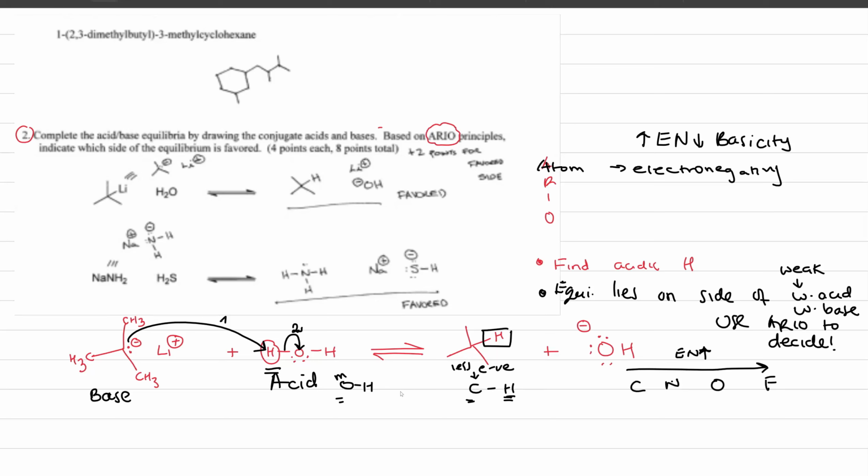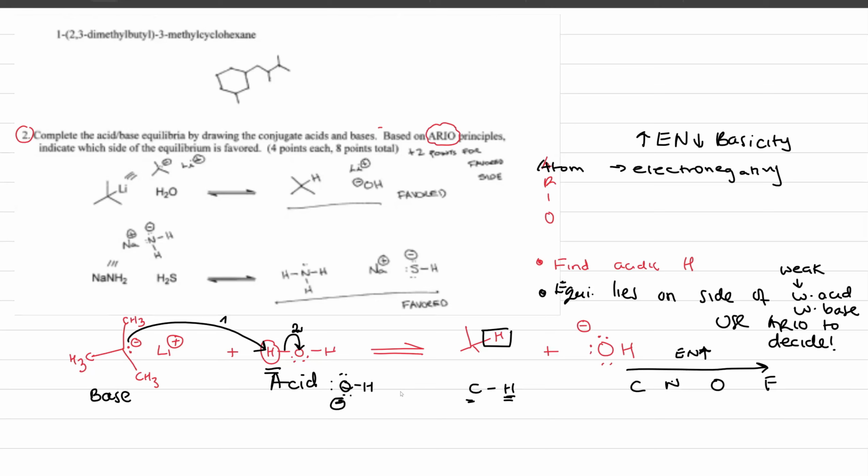This one is more electronegative. No, wait. Yeah, less acidic, making this one more acidic. But we are talking about base. I should be looking at the original molecule as I say this. Let's see.